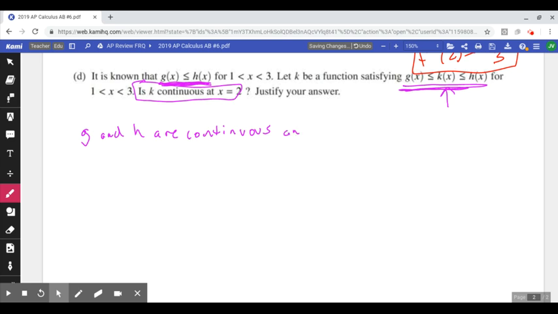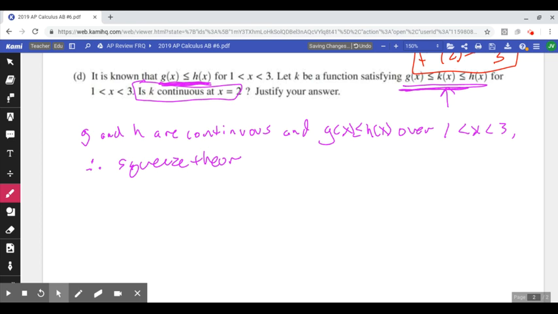And let's see, g of x is less than or equal to h of x over that interval. Therefore, the squeeze theorem applies, or is applicable, you could say. So what does the squeeze theorem say?